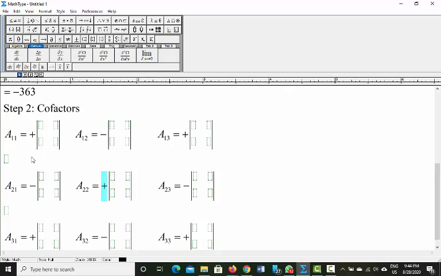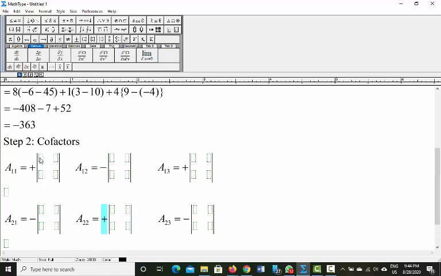So all the diagonal elements will be plus and the remaining elements will be minus. I'm saying again, all the right diagonal and left diagonal elements will be plus and the remaining elements will be minus.